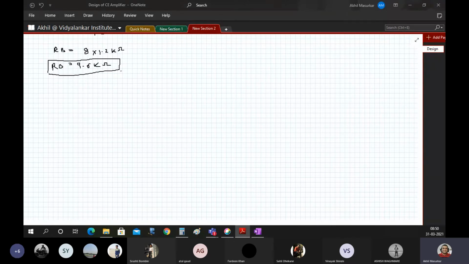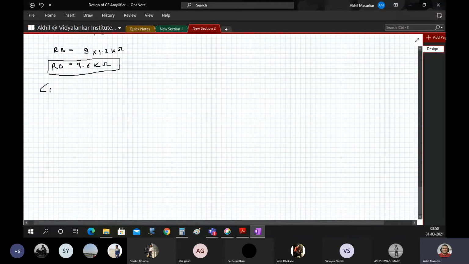So the Thevenin's equivalent circuit would be like this.